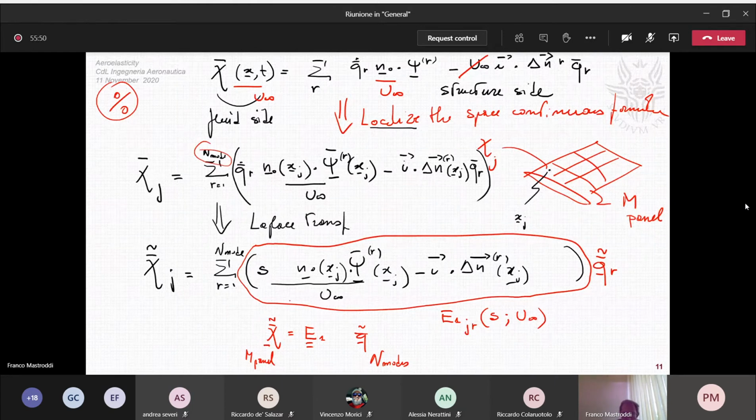Look at this dependency on s. This dependency on s and on the flight parameter U infinity is defined by this ratio.